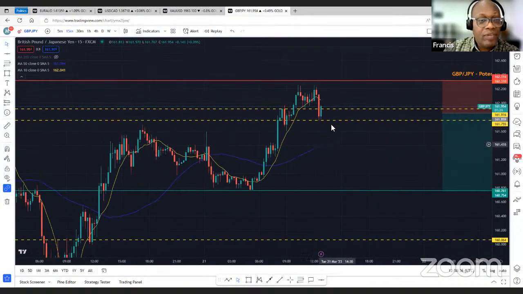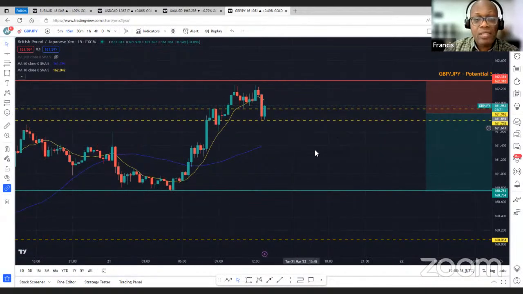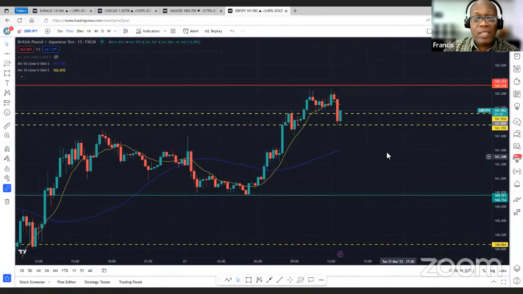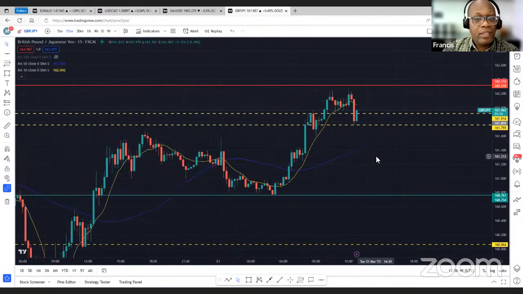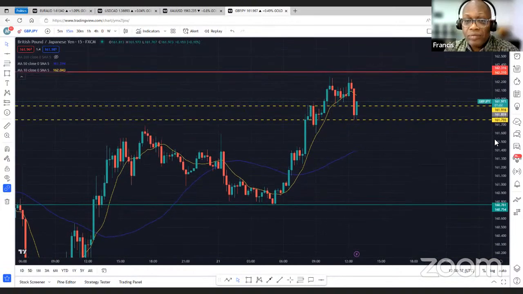So what I said I'm looking for on GJ is a sell. We want this to now begin to go down, leaving us a top wick. We would want a topping wick on this current 15-minute candle, and then we would look for a sell.